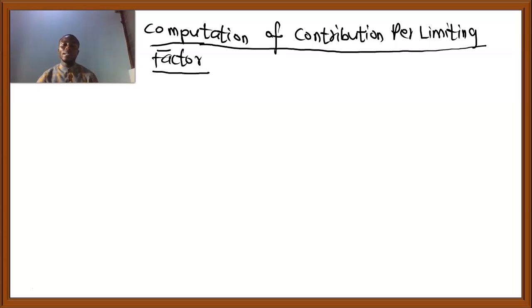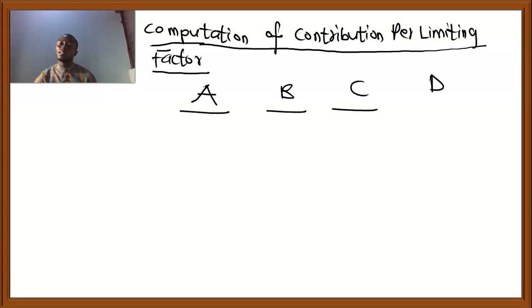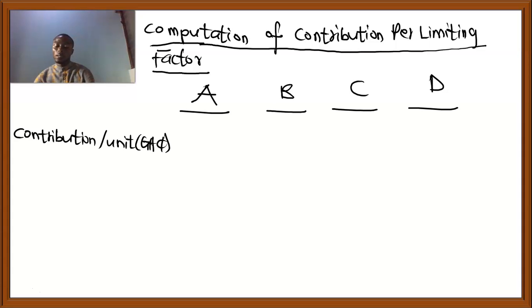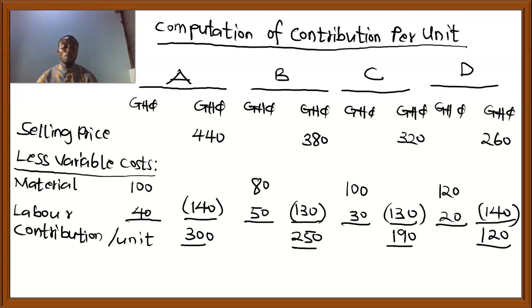We have table A, B, C, and D. We have our contribution per unit in Ghana cedis. These are the figures we just calculated. So in respect of A, we have contribution per unit of 300, B, we have 250, C, we have 190, and D, we have 120.